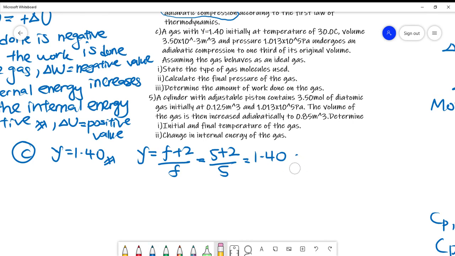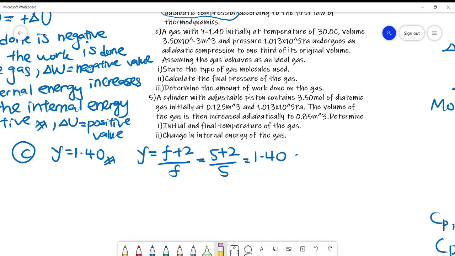Okay, so if we wish to find the ratio for monoatomic gas or polyatomic gas, what we can do is substitute the degree of freedom, which is different for monoatomic gas, diatomic gas, and polyatomic gas.